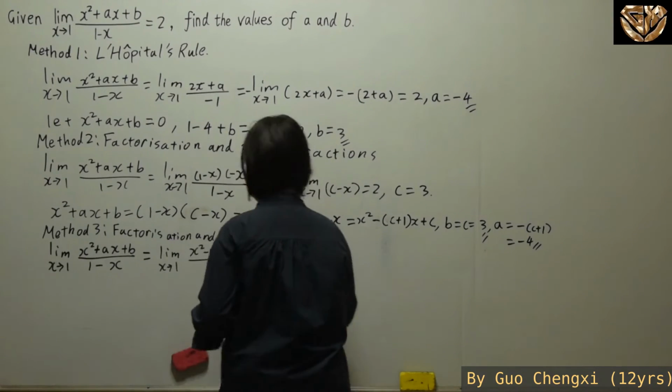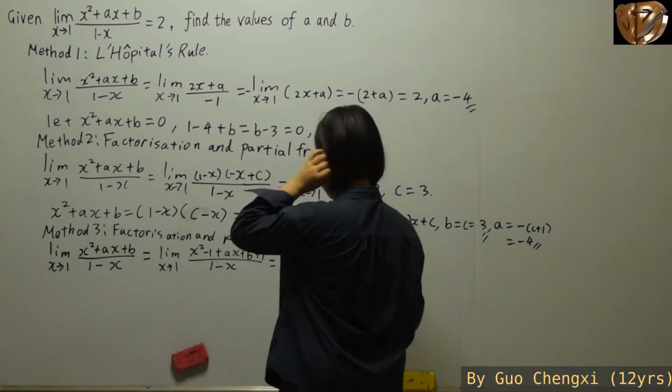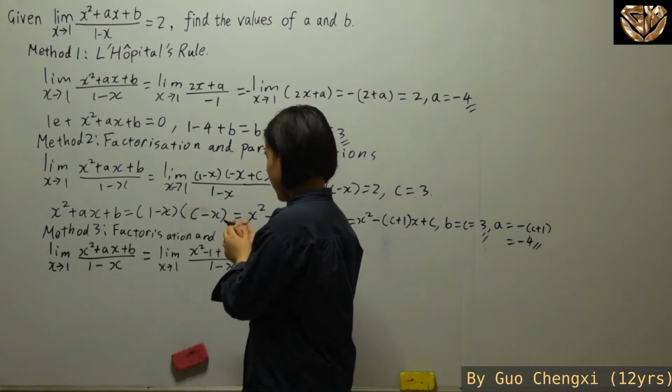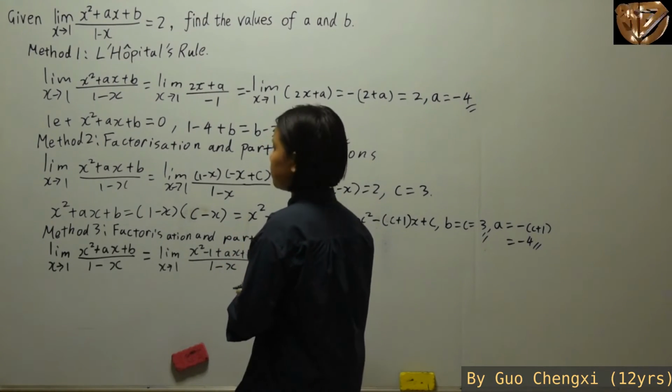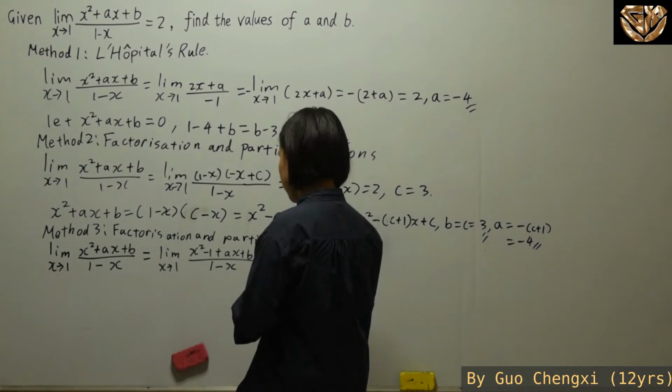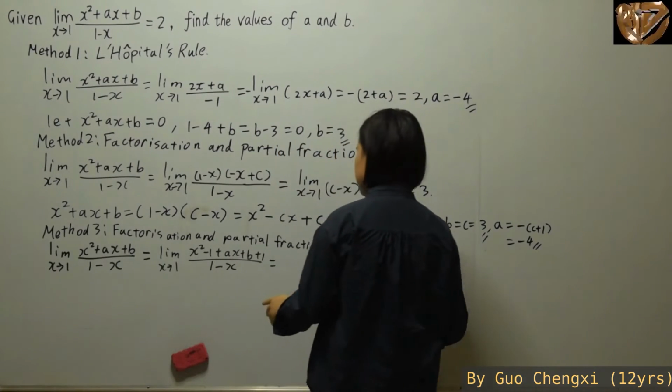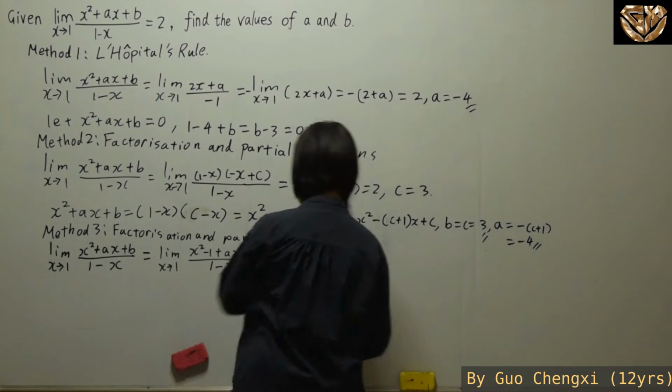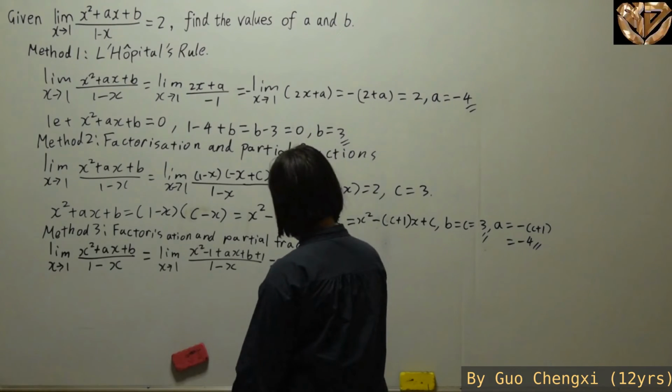So for this part, x squared minus 1 is basically x plus 1 times x minus 1. But here what we have is 1 minus x, so there will be an extra negative in front.